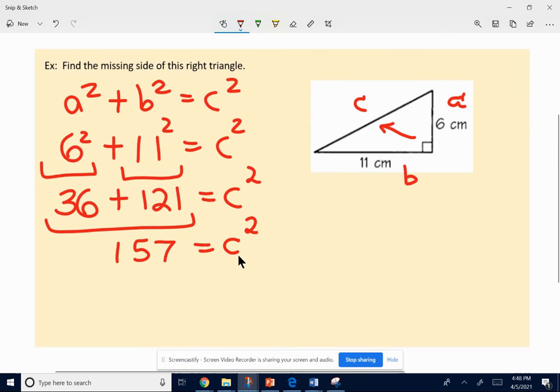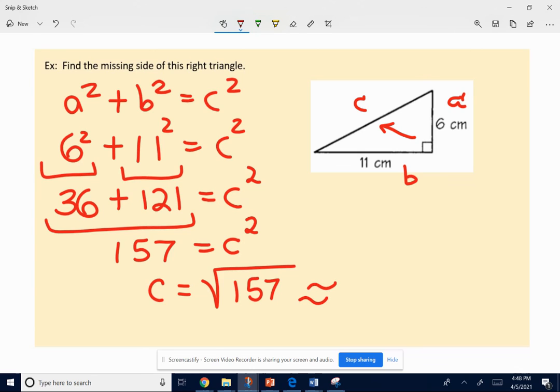You would square root. So C would be the square root of 157. Of course, that is an irrational square root, so on these problems, just use your calculator. Just do the square root of 157 in your calculator.